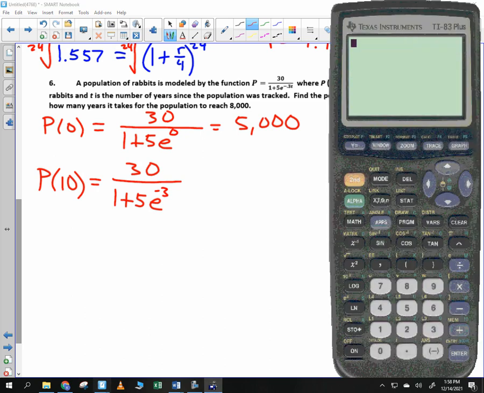All right, so I'm going to take that divided by that. I've got to make sure that I plug this into my calculator correctly using parentheses. 30 divided by parentheses, I've got 1 plus 5, and I've got e raised to the negative 3 power.